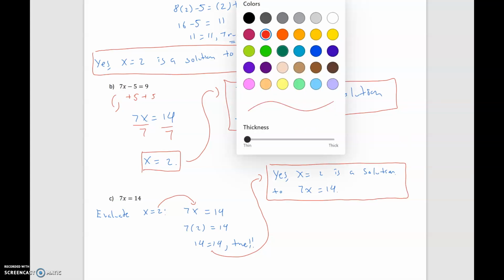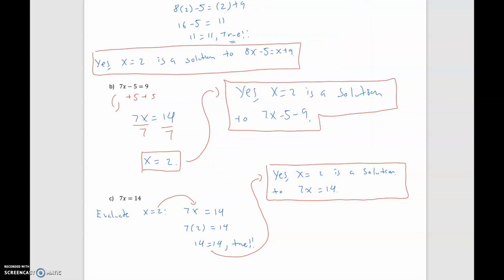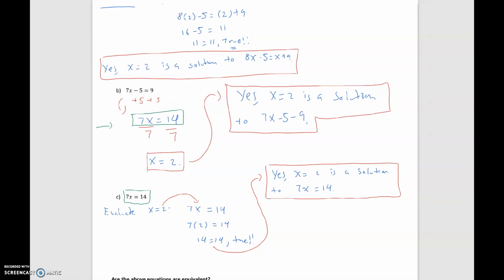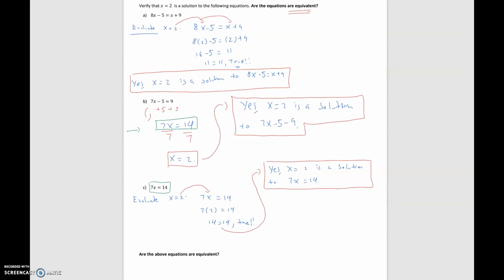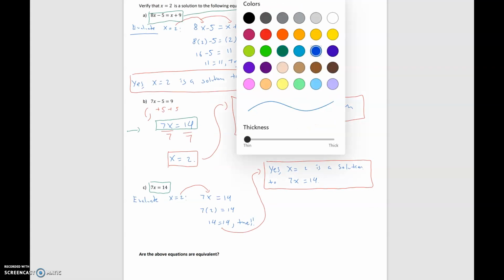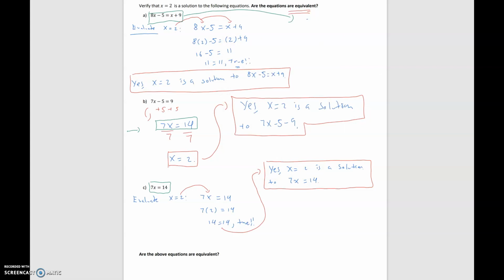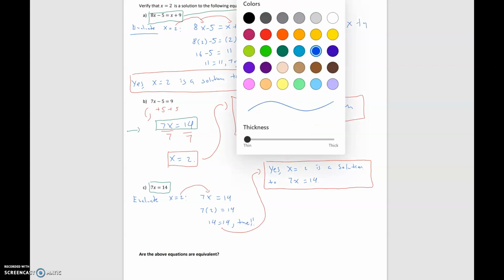And notice that our equations, we technically have them as 7x is equal to 14. Doing a couple of steps of algebra with problem B, we ended up with 7x is equal to 14. And if we were to pick this equation, which is equation A, let me just rewrite it as 8x minus 5 is equal to x plus 9.